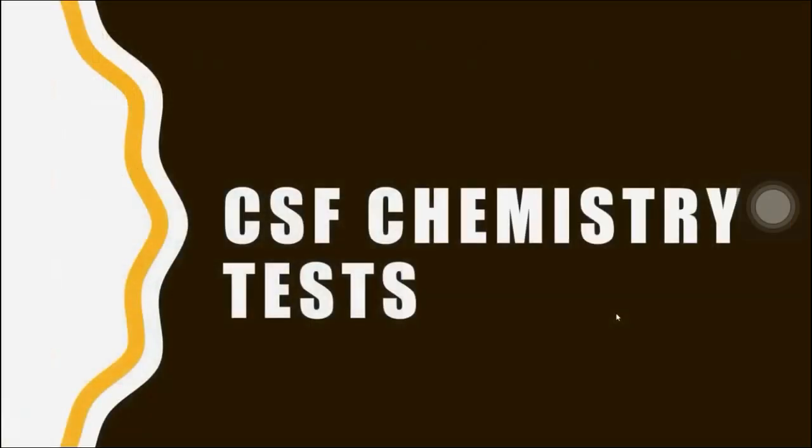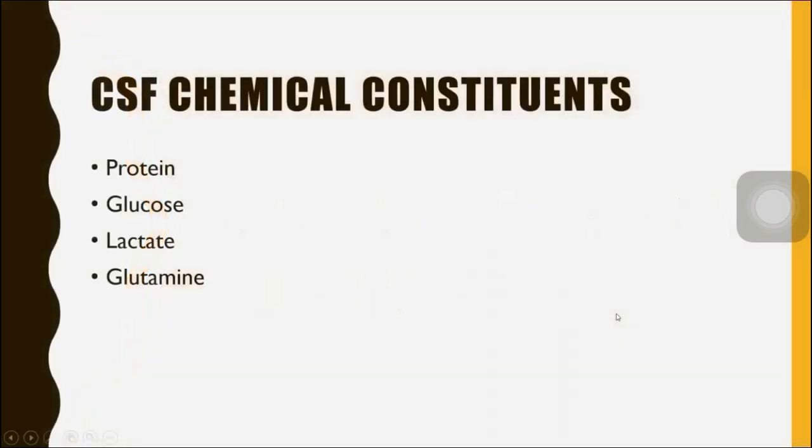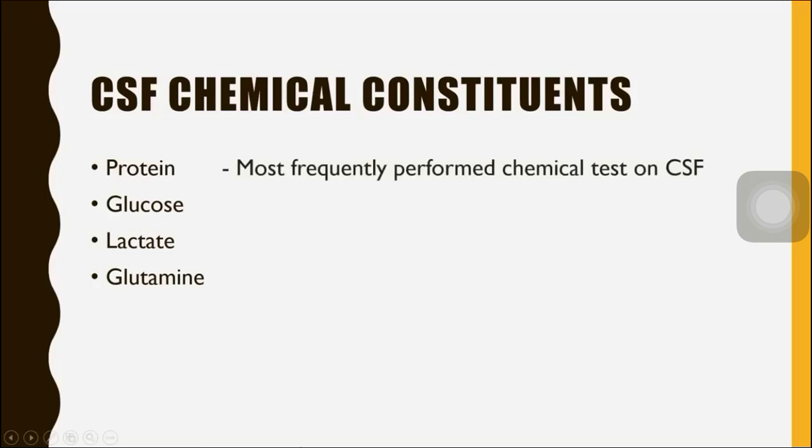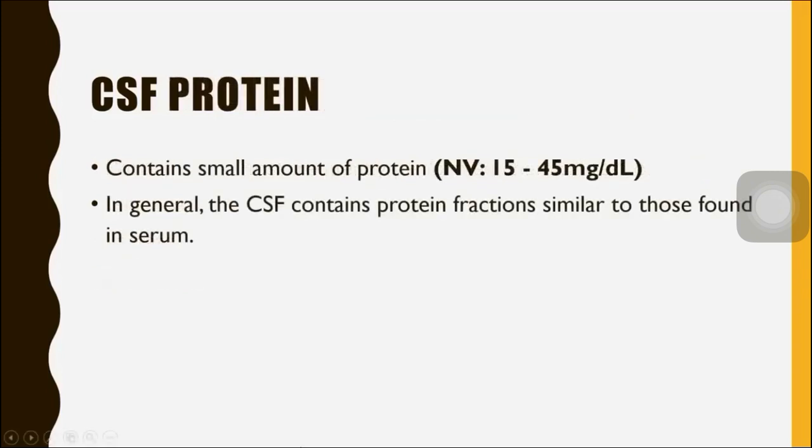Next, we have the CSF chemistry tests. The usual chemical constituents of CSF include protein, glucose, lactate, and glutamine. Let's go through them one by one. Protein is considered the most frequently performed chemical test on CSF. CSF contains a small amount of protein, 15 to 45 milligrams per deciliter, which is very low.